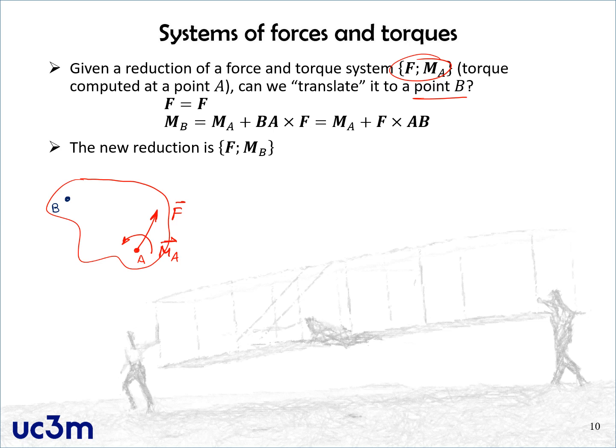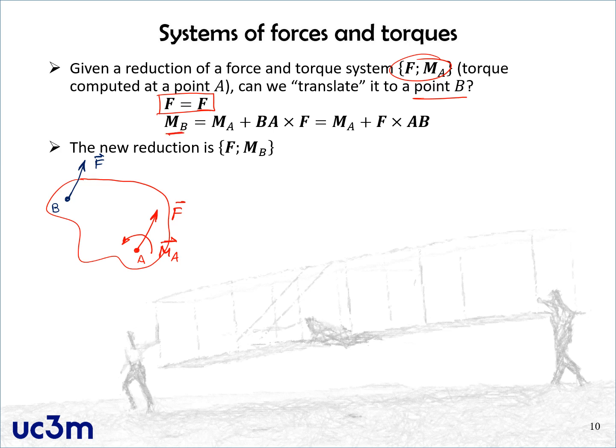Now, as we know, the resultant force does not depend on the point that we choose to do the reduction. Okay, so clearly F remains the same. That means that we can draw it as the same vector as before. We'll just put it over here, but it's irrelevant where we draw it. Regarding the moment about B, that's the thing that changes.